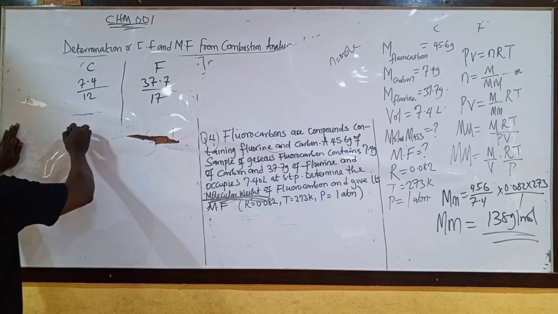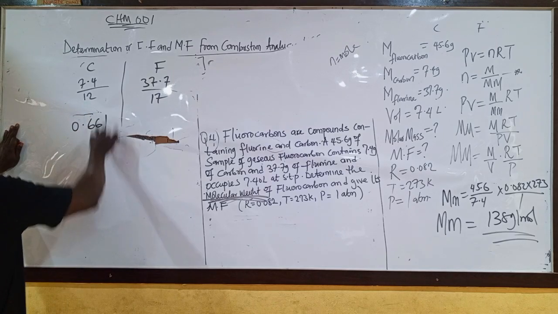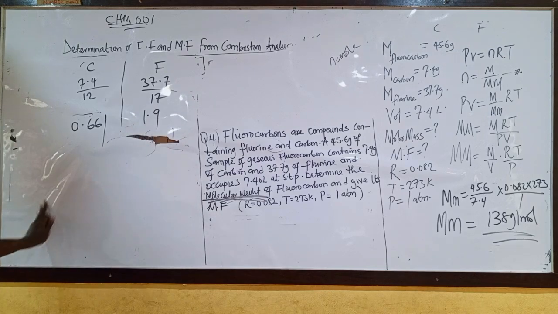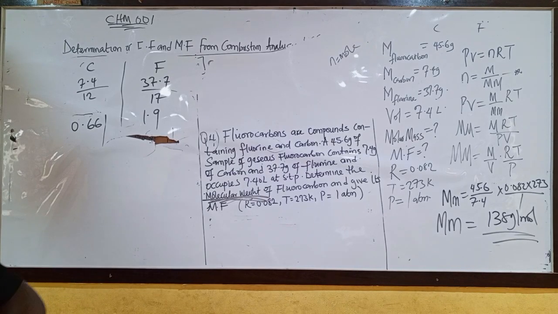Then this one will give you 0.661, and this one will give you 1.9. If you punch your calculator, 1.982.